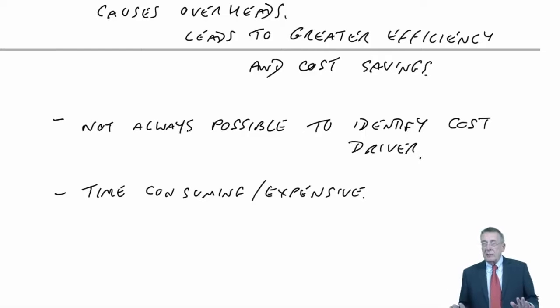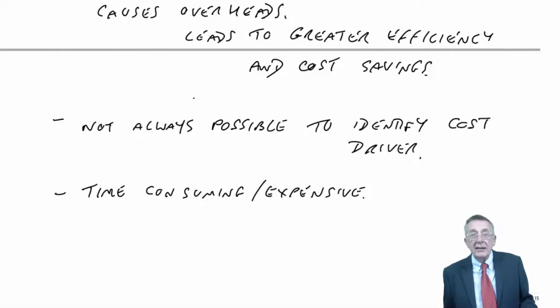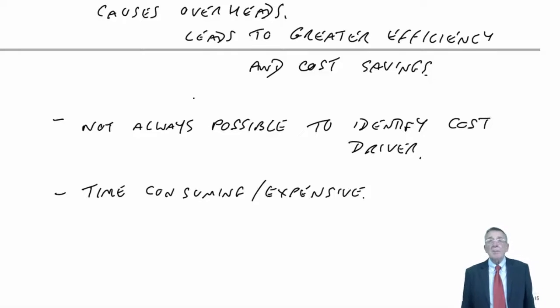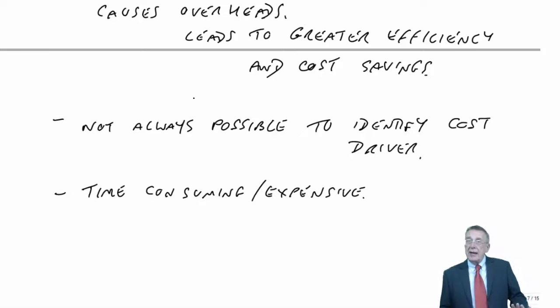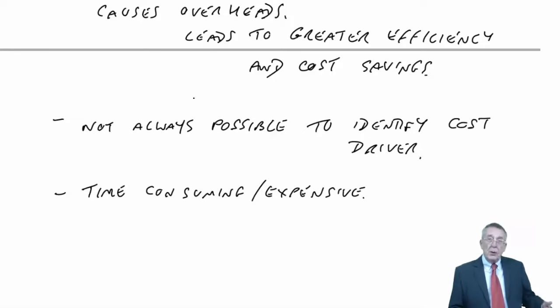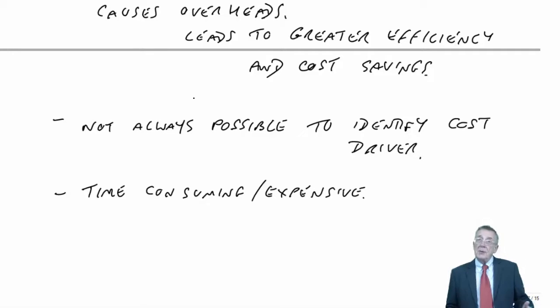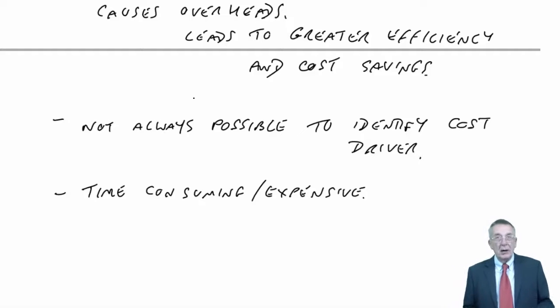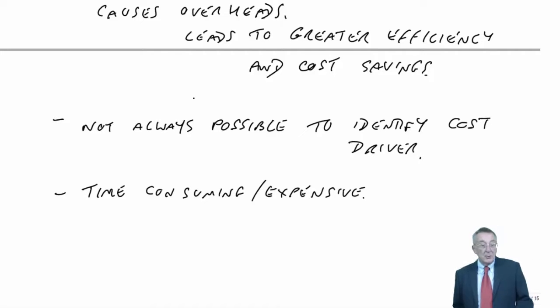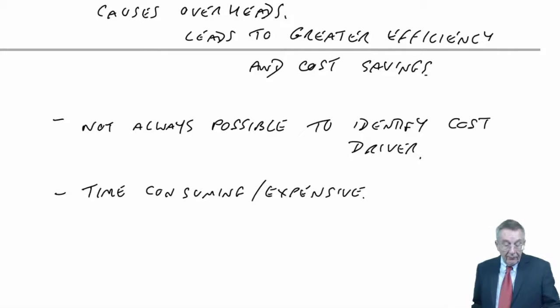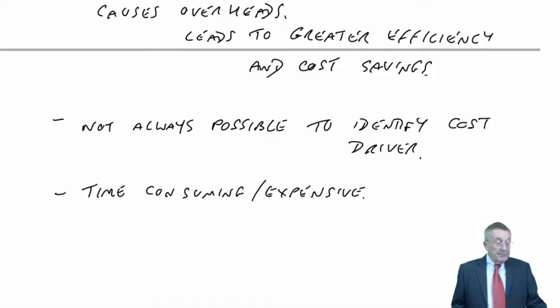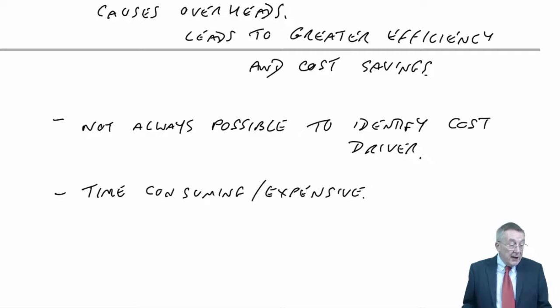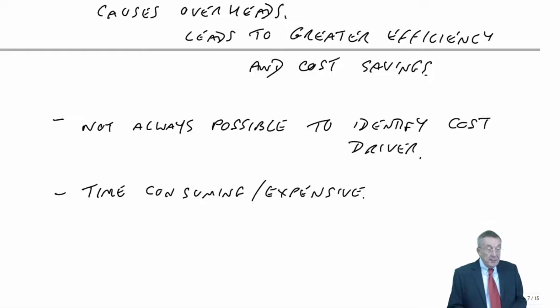But then any remaining overheads, like perhaps rent of the factory, not much point in wasting time trying to identify a cost driver when there isn't one. So remaining overheads, they would absorb using the traditional approach, just a cost per hour, whether it's labour hours or machine hours.